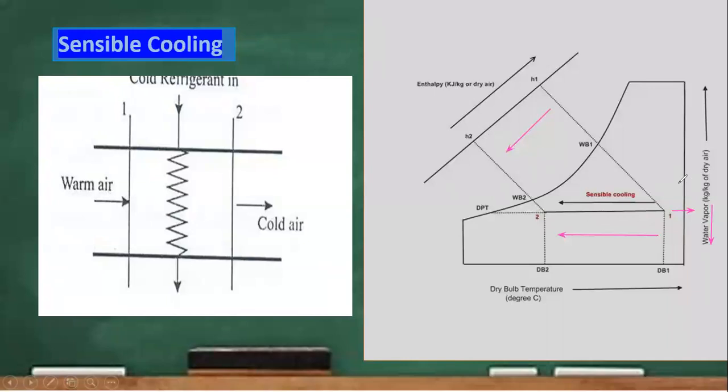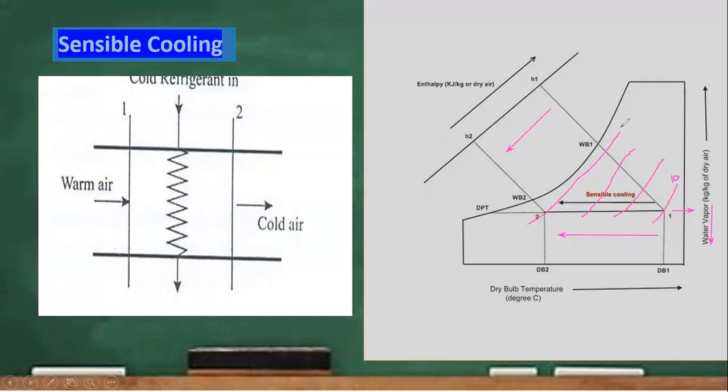This is a line representation of the relative humidity curve. Here is also one curved line. Let's assume that here is also one curved line. These curved lines represent relative humidity. At point number 1, relative humidity is 10%. As you go towards the left side of the chart, the relative humidity increases.